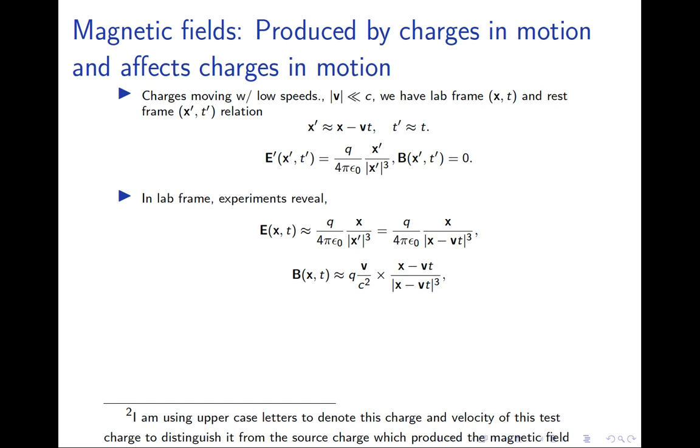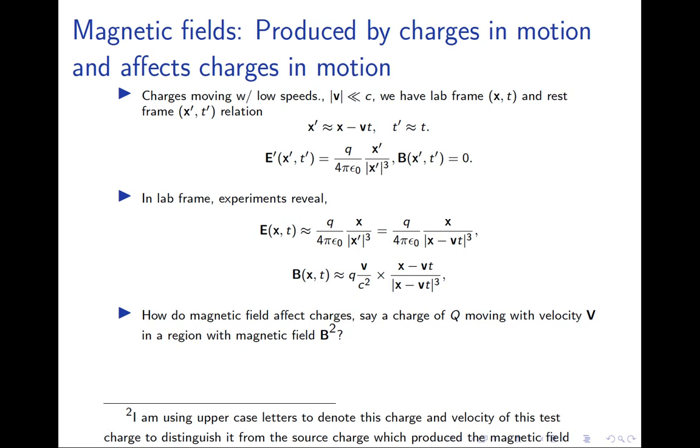Now you can ask the reverse question. If I introduce an electric charge in a region with electric and magnetic fields, how are they affected? So the question is, how do magnetic fields affect charges? Say a charge big Q moving with a velocity big V in a region with magnetic field big B. I've written big Q and big V because I want to distinguish between the two charges.